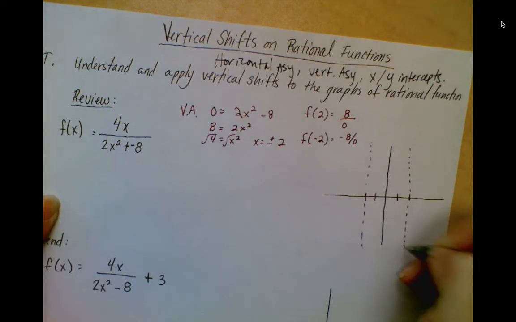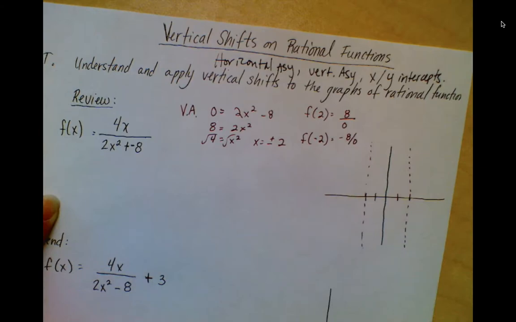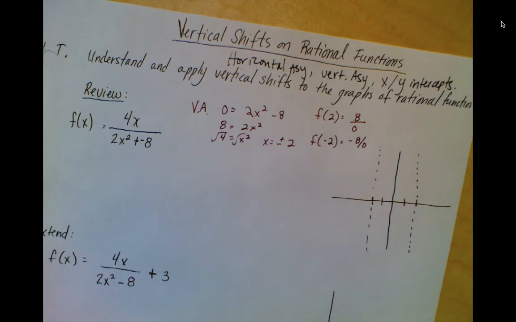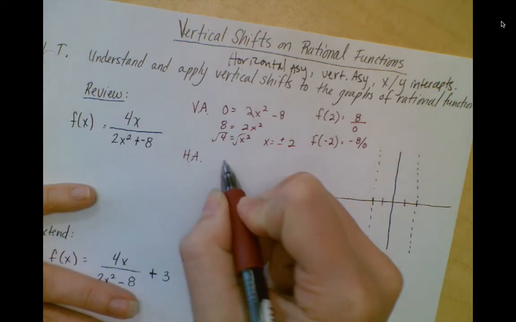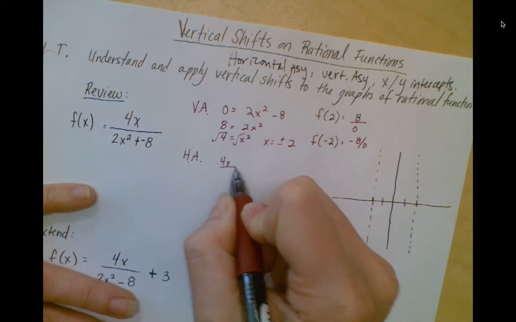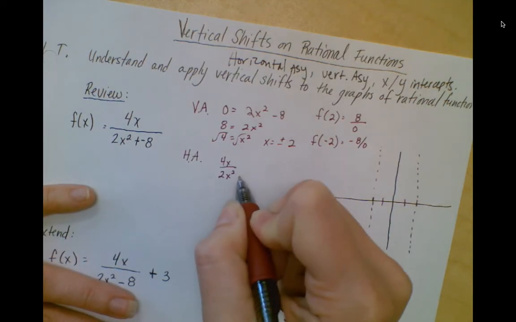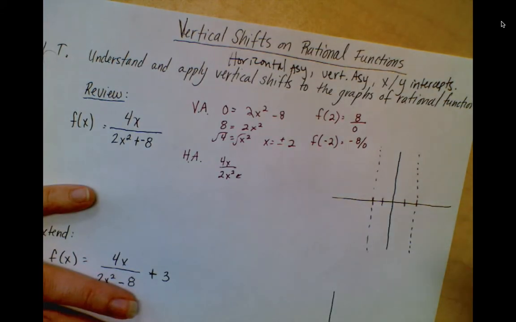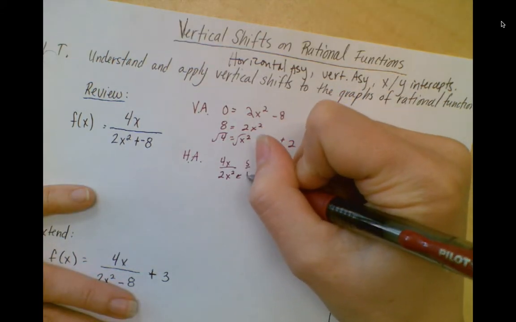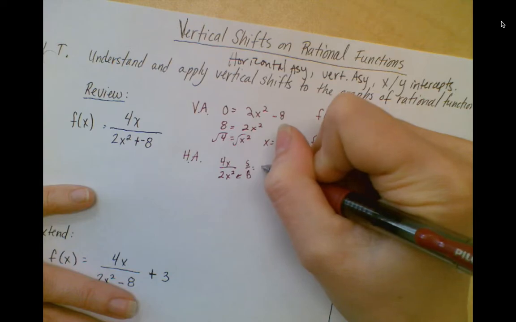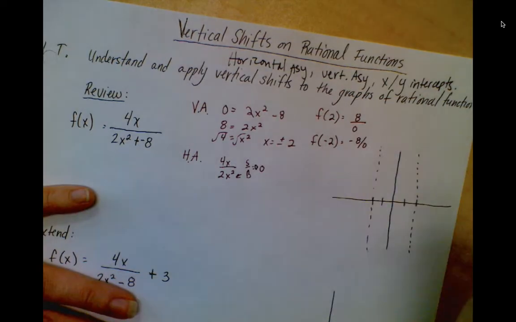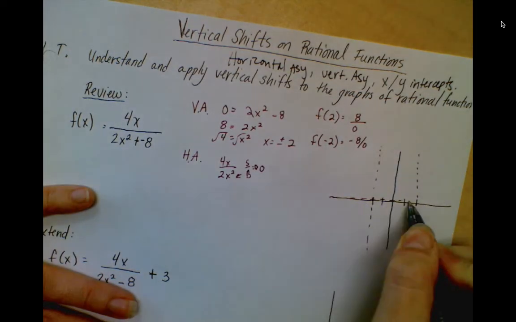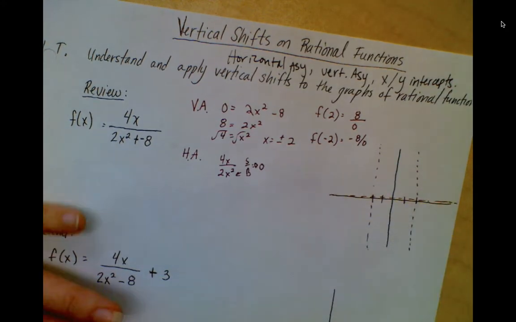We've got those two vertical asymptotes. Then we're going to go to horizontal asymptotes. And we'll put our dominant term over dominant term, and the denominator is going to grow faster. So small over big means we're going to go to 0. So again, we plot what it isn't before we plot what it is.